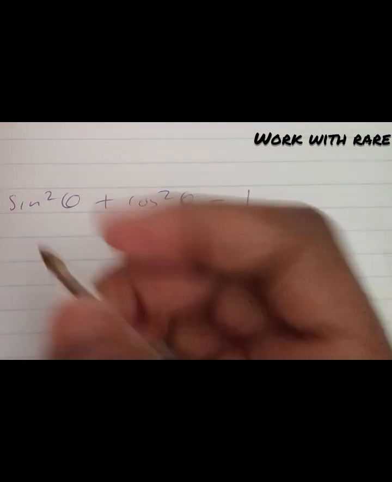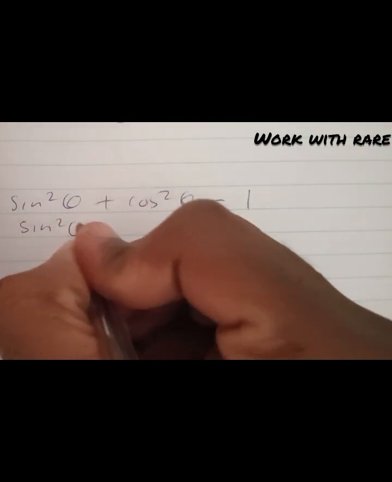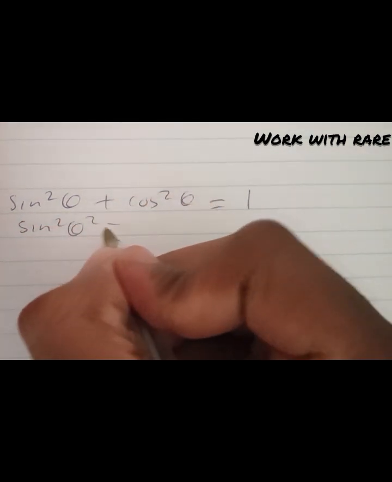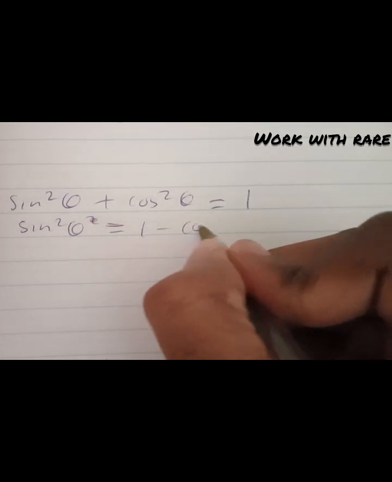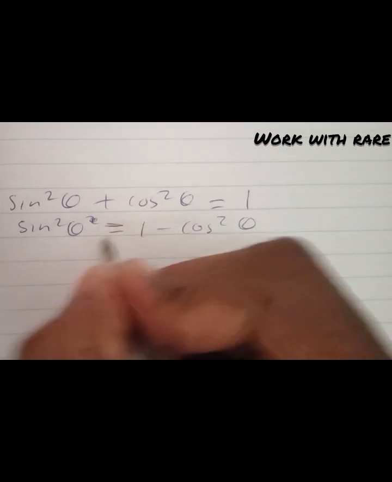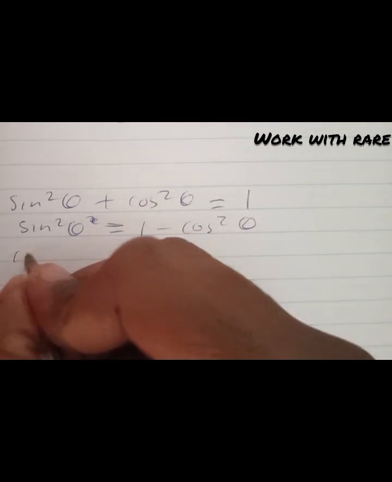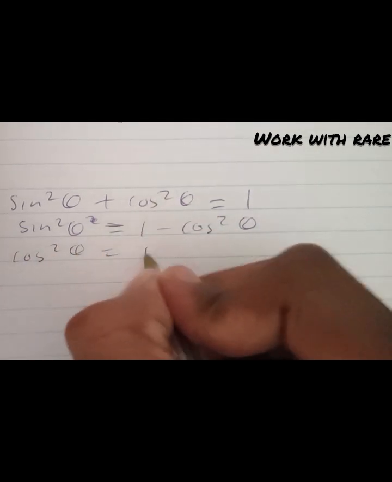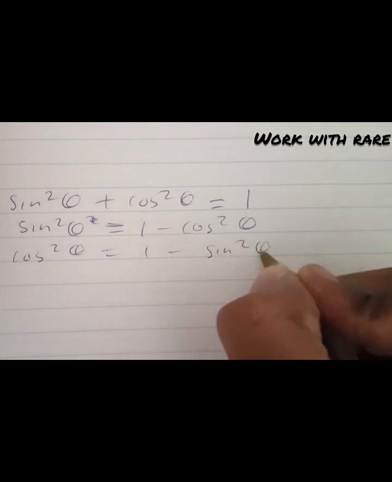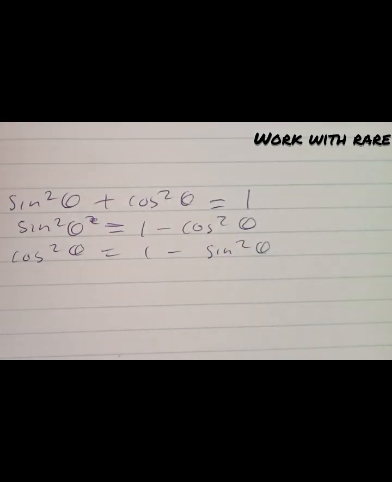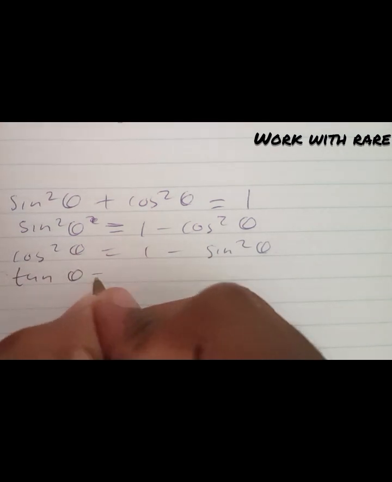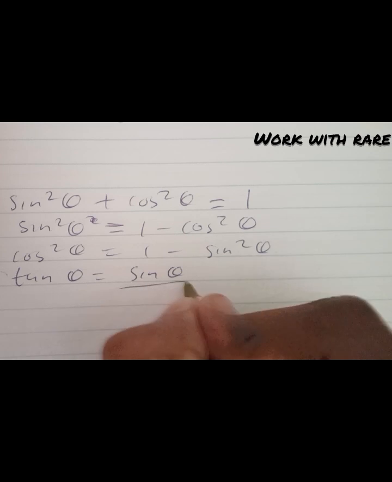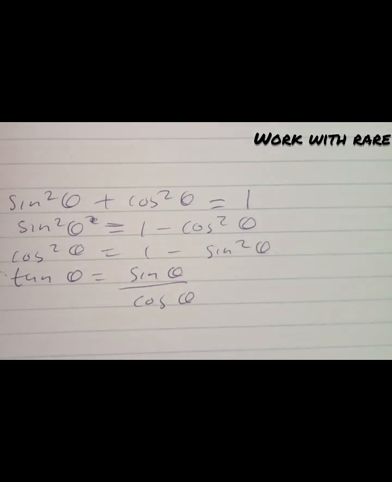So if I make this the subject of the formula, I will take cos squared to the opposite side, then I will have 1 minus cos squared. And if I make the other the subject of the formula, it will be 1 minus sine squared. Okay, that's what you should know. And the other thing that you should know is tan is equal to sine over cos. You see, that's what you should know.